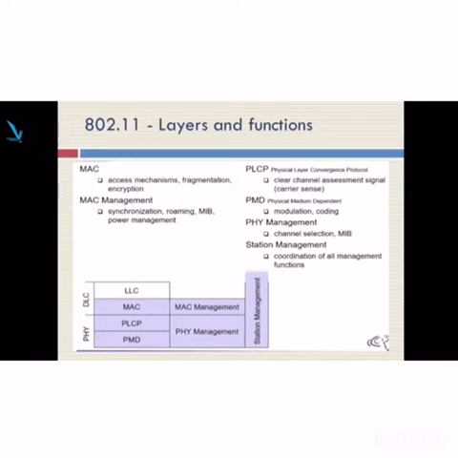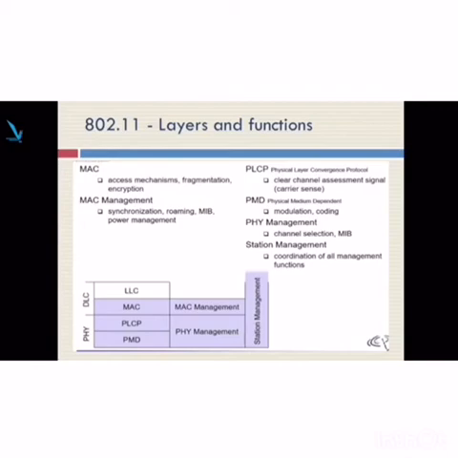So MAC management is to be done. For physical, you have PMD, physical medium dependent, and PLCP, physical layer convergence protocol, is used over there. At the physical layer you need physical management, and at the MAC layer, which is the data link layer, you need to do MAC management.